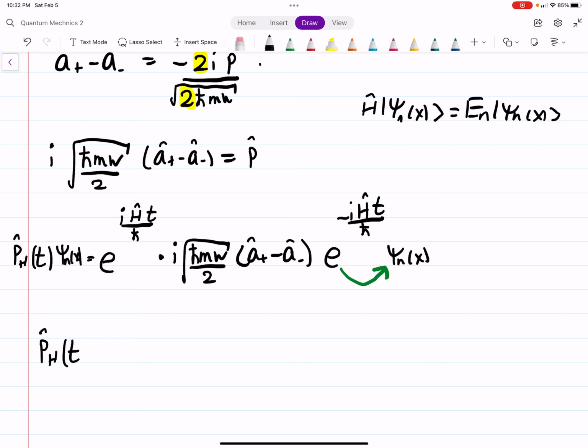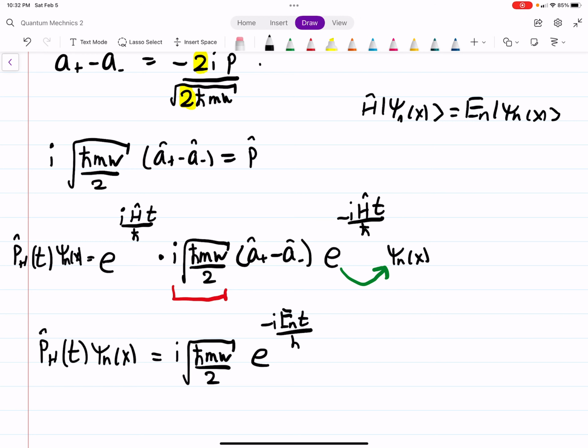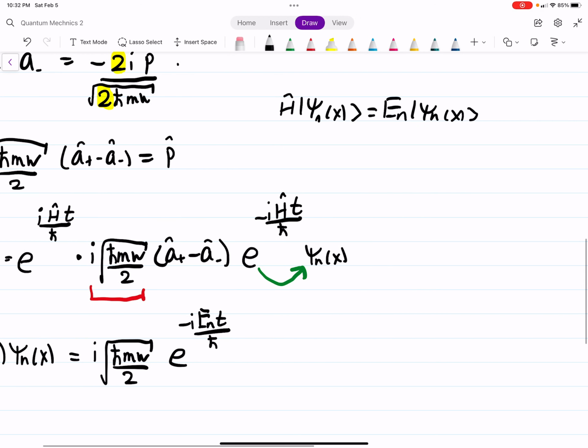And that's going to turn into just a constant, as is this. This is just constant, so I'm going to move all that stuff up front. We'll get i h bar m omega over 2 square root e to the minus i E sub n t over h bar, e to the i h t over little h bar.